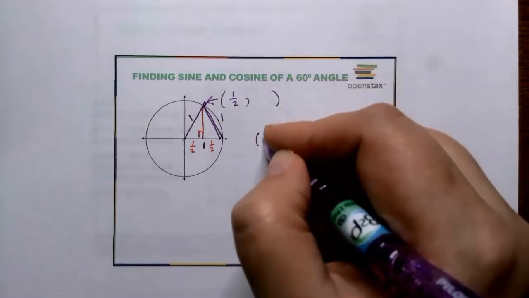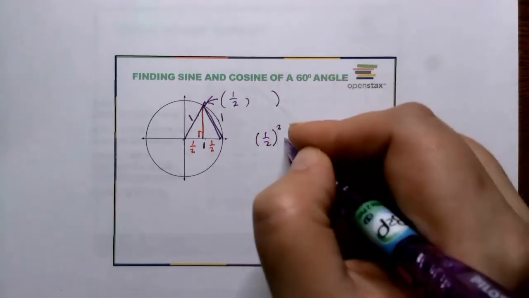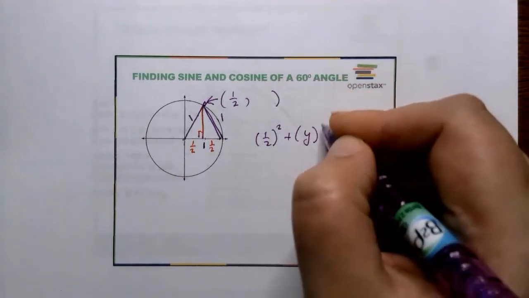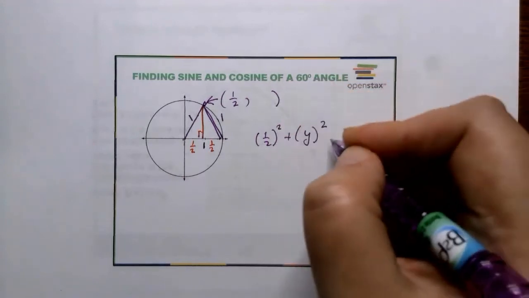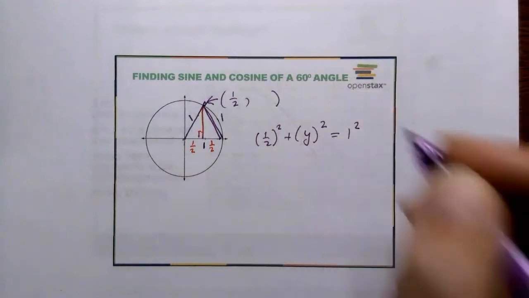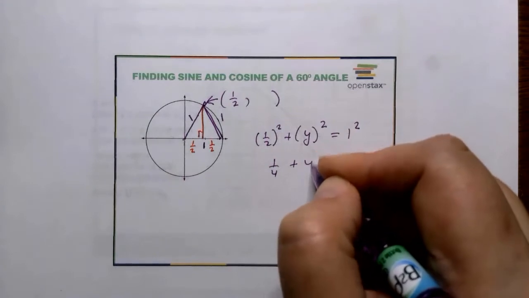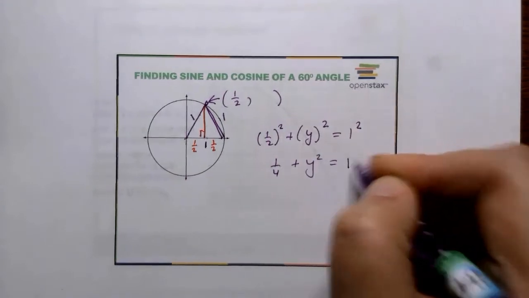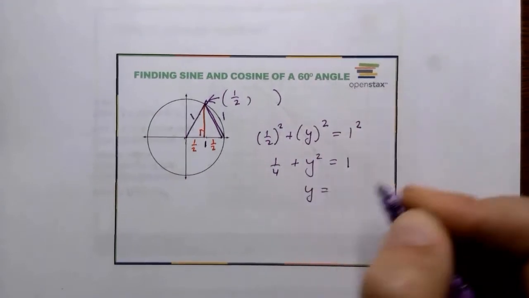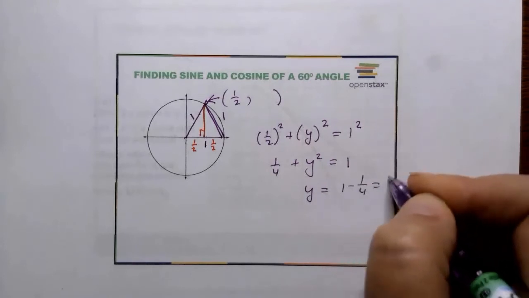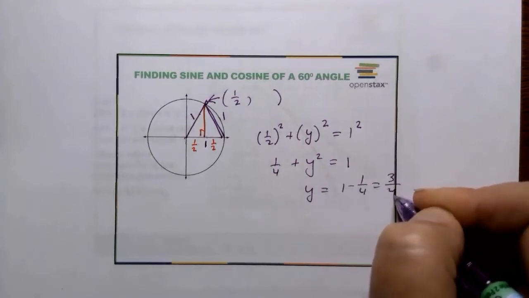Using the Pythagorean theorem, we have 1/2 squared plus y squared equals 1 squared, or 1/4 plus y squared equals 1, or y squared equals 1 minus a quarter, which is 3/4.